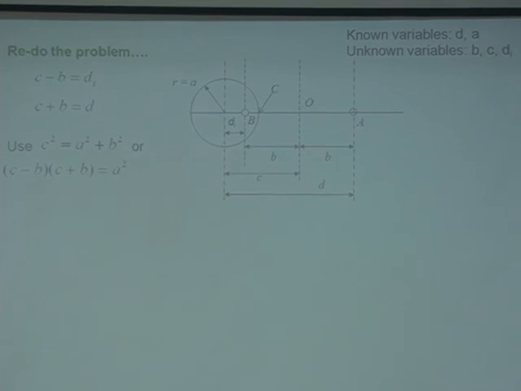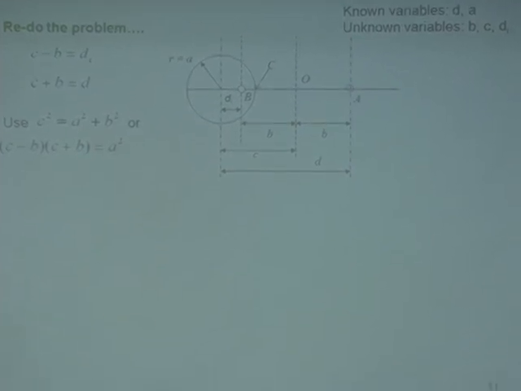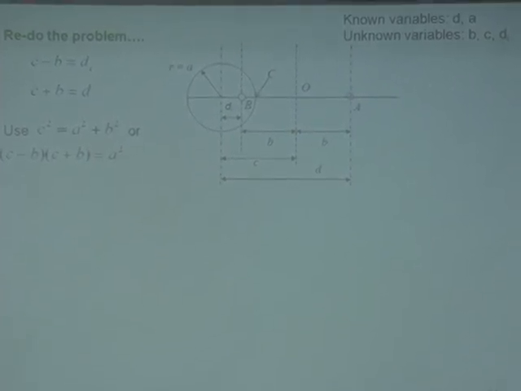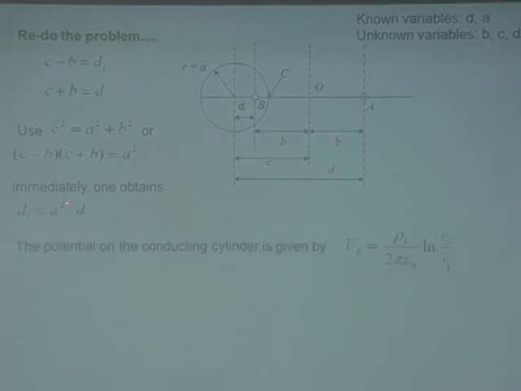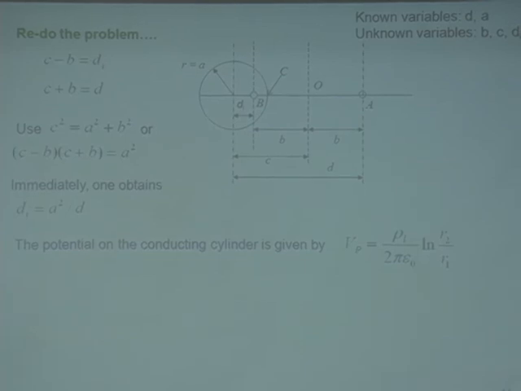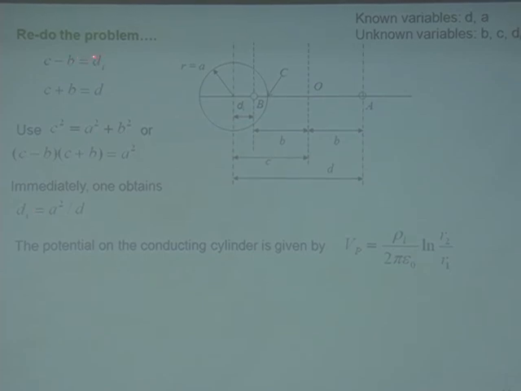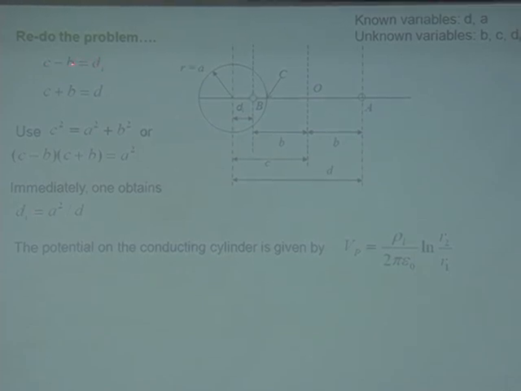And I don't need to tell you the detail of how you're going to write down to get B, C, Di. I'll just give you the final answer for Di. That Di is equal to this, A squared divided by D. Now, once you have this Di, definitely you can look for the solution for C and B.